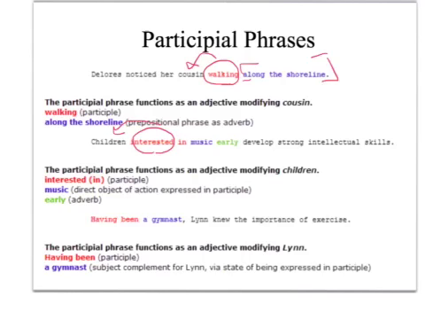Again, music is the object of the participle. Early is an adverb that also goes with interested. Having been a gymnast, Lynn knew the great importance of exercise. Having been is a participle modifying Lynn. A gymnast would be the subject complement of that.